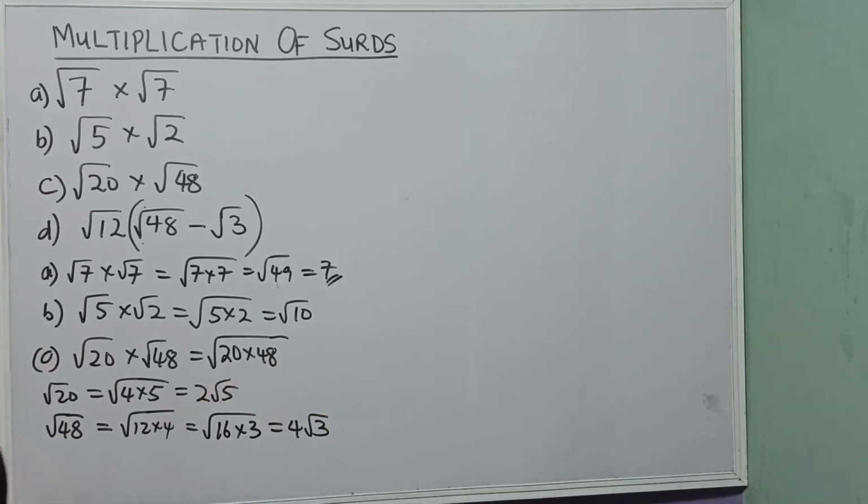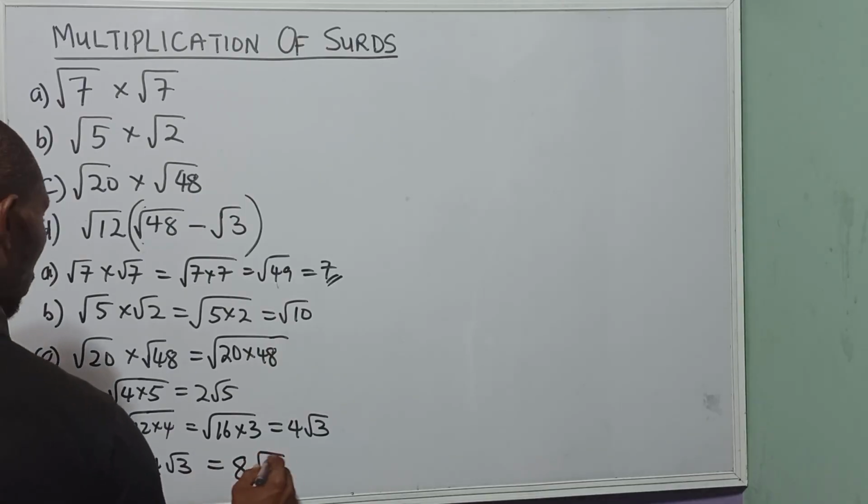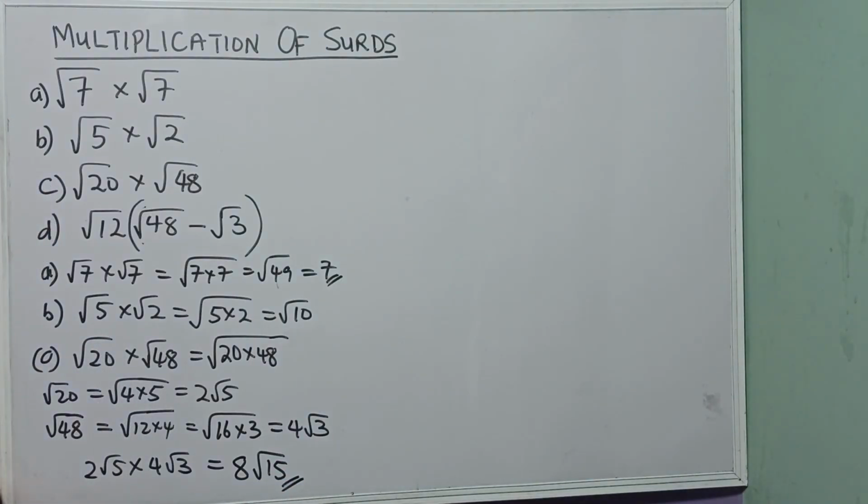Now replacing it here, we have 2 root 5 times 4 root 3. 4 times 2 will give us 8, and 5 times 3 will give us root 15. So this will be 8 root 15.